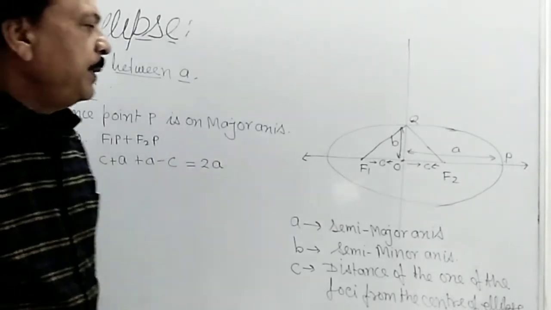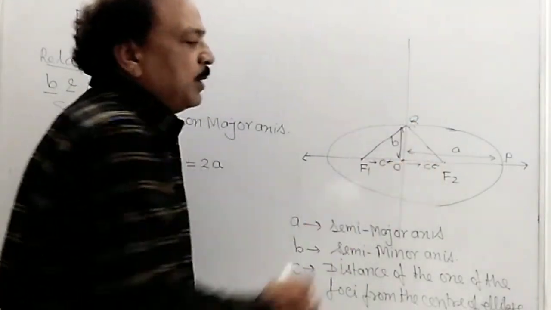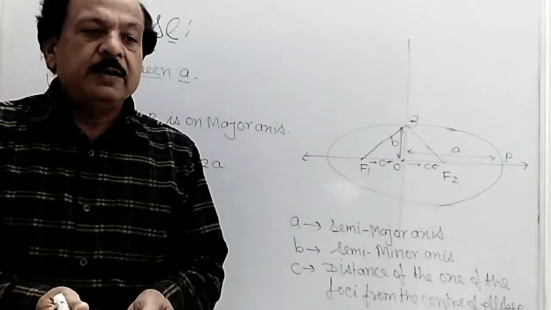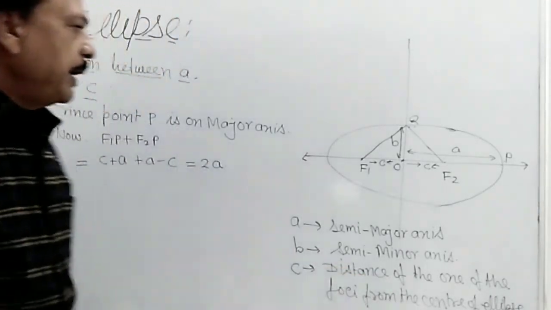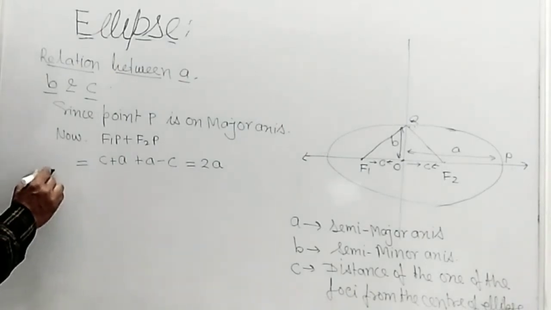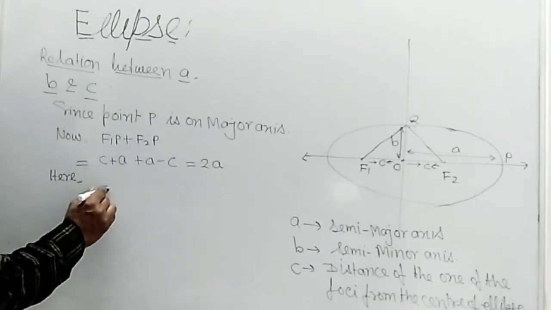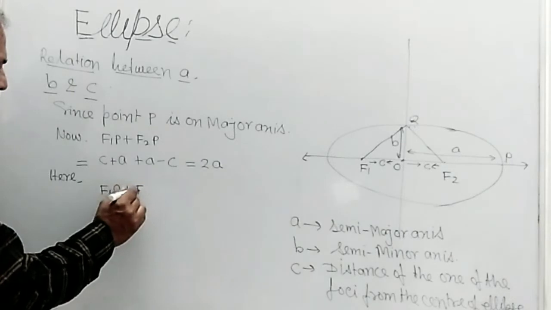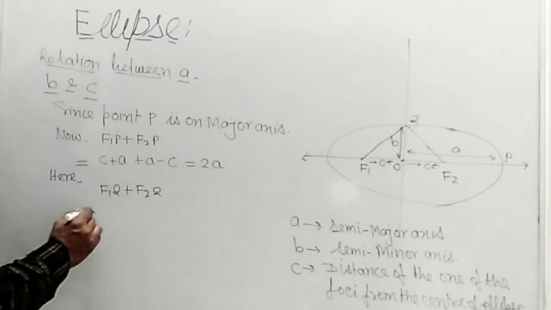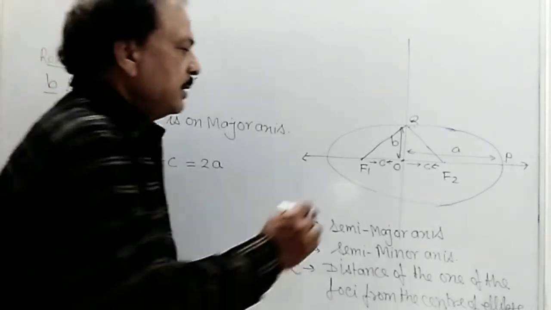So F1P plus F2P will be equal to QF1 plus QF2, because points P and Q lie on the ellipse. So that will be equal to F1Q plus F2Q. Now we can write this distance F1Q.